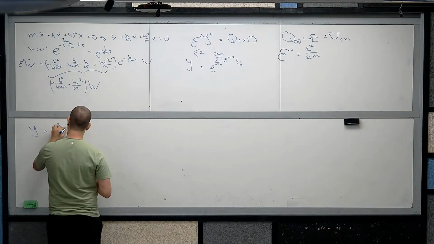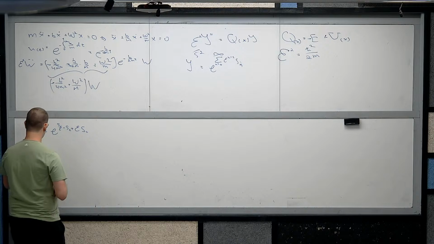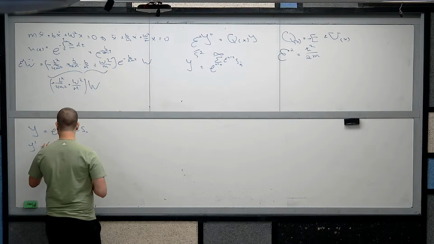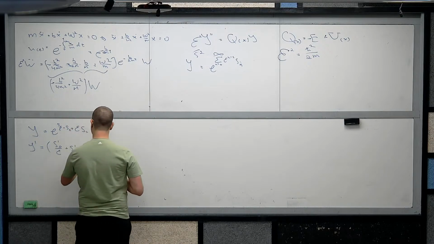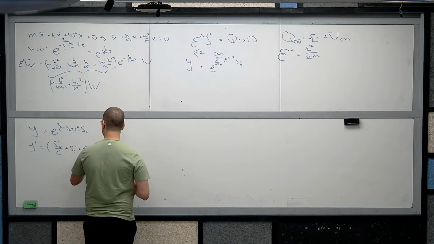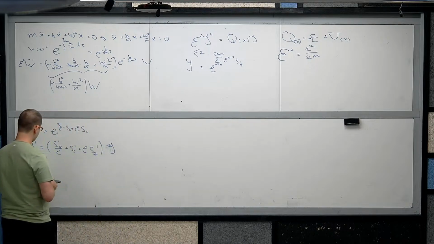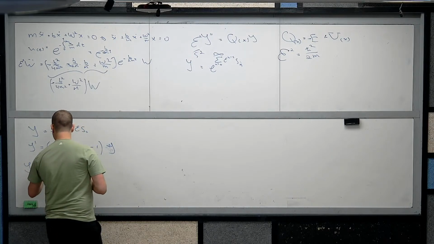S0 divided by epsilon plus S1 plus epsilon S2, equal to y, so y prime equals S0 prime divided by epsilon, plus S1 prime, plus epsilon S2 prime, and that's right, just y double prime. Whew. Now it's starting to get very tedious.